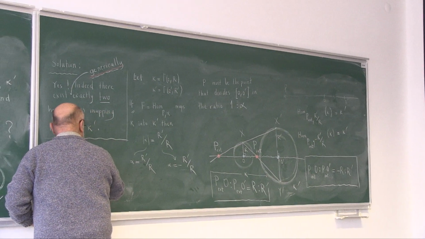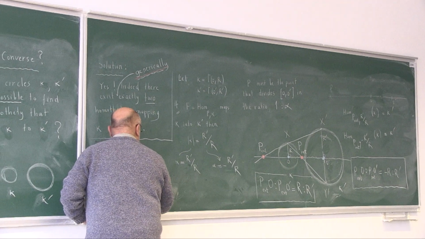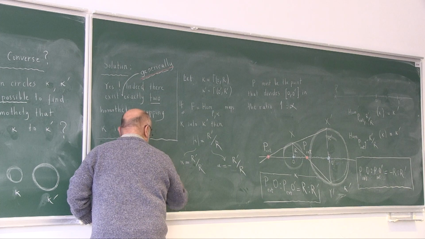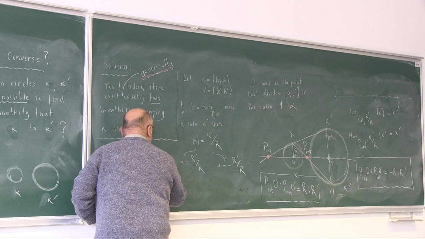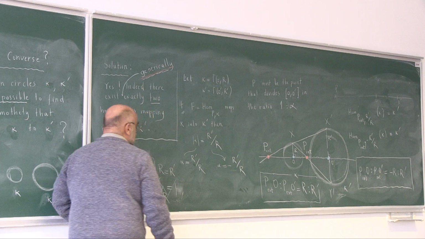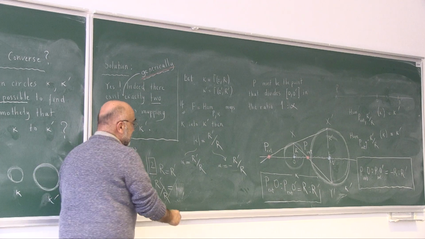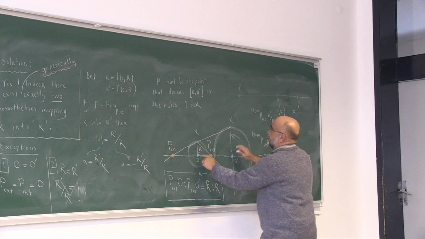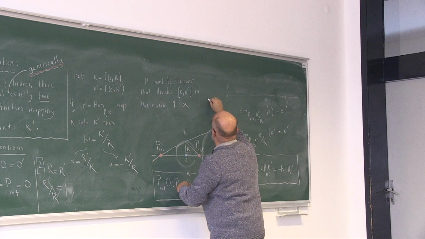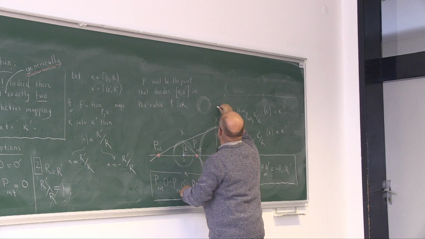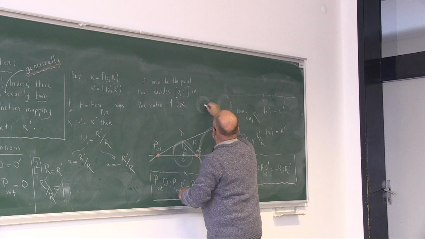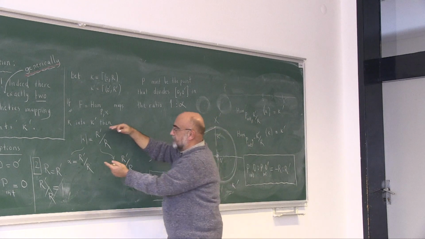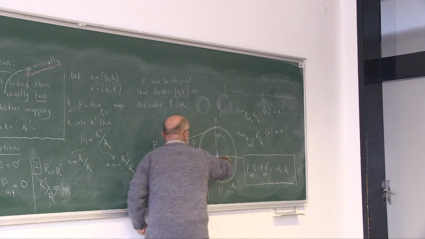So this is the second exception. The second exception occurs when R'/R is equal to 1, or let's say R is equal to R'. Well, in this case, you see what happens is that your circles are equal in size. So it means that if you do this construction, this XX' is parallel to the line joining the centers.